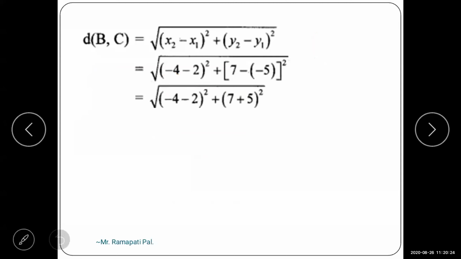Minus 4 minus 2 is minus 6 whole square, 7 plus 5 is equal to 12 whole square. Now find out 6 square, which is 36. 12 square is 144.